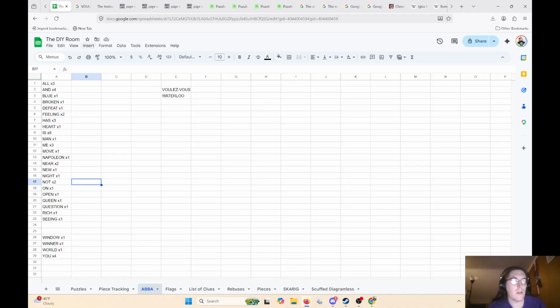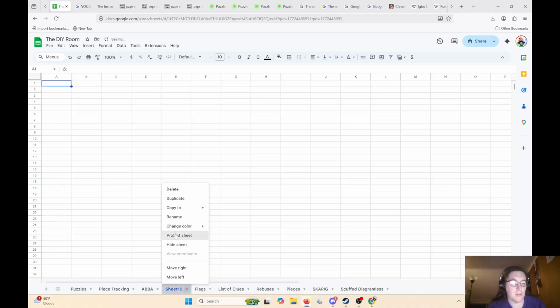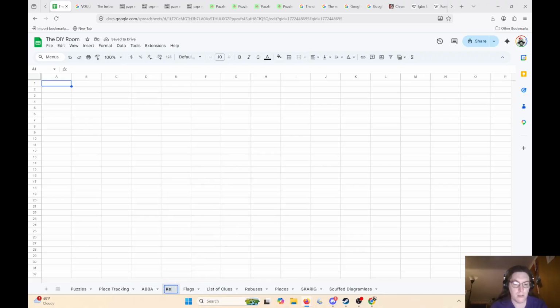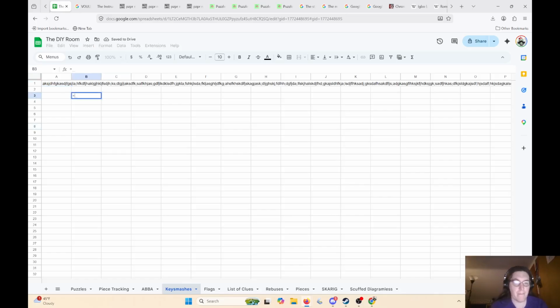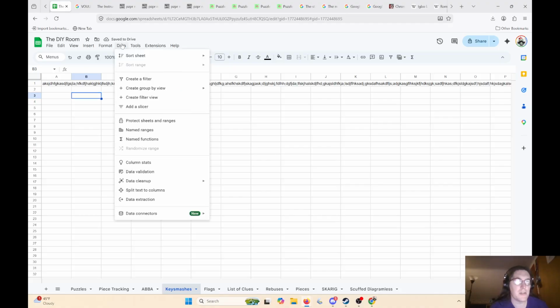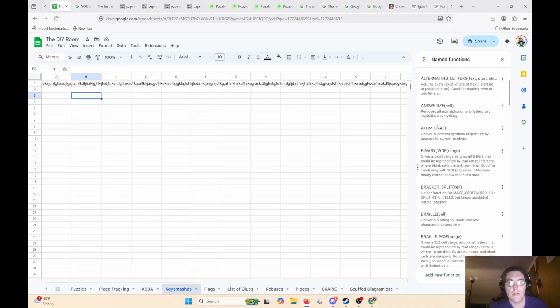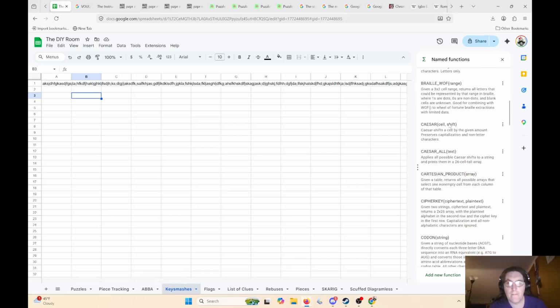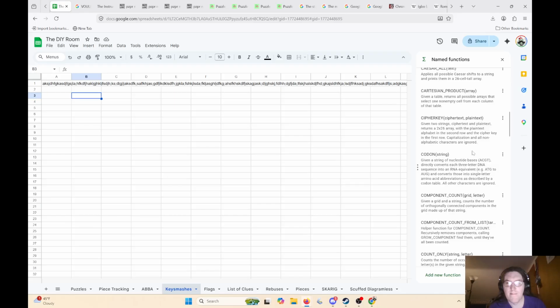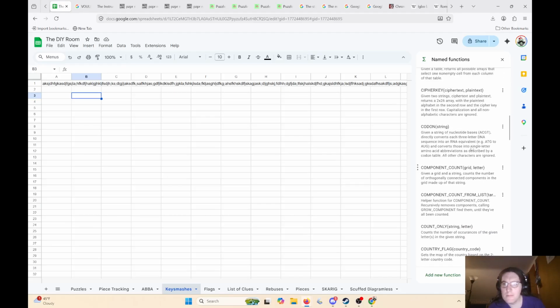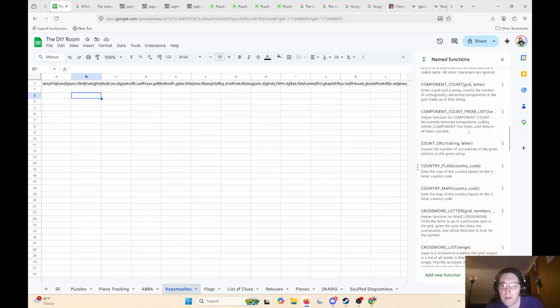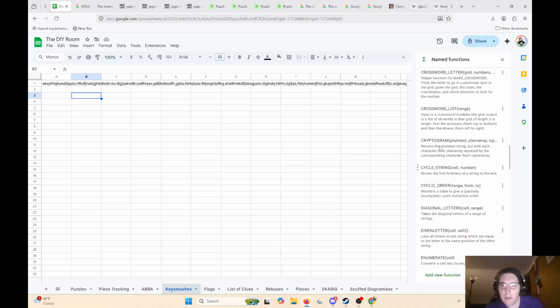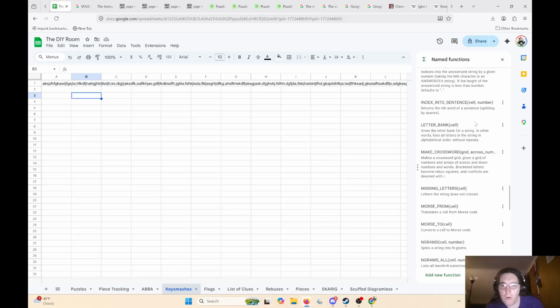I can do a little bit of a frequency analysis on this. Do I have a named function that does this? Oh, I didn't know that it's cipher key. Okay. Oh, all right. Count only at least does. Yeah, count only was what I was thinking of.